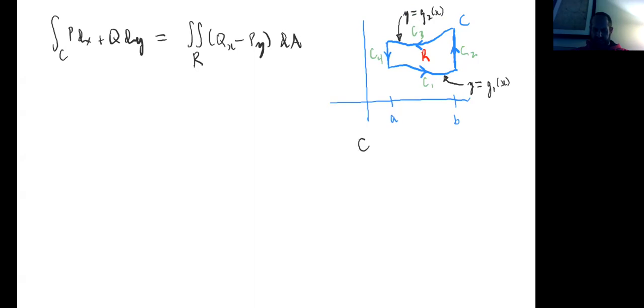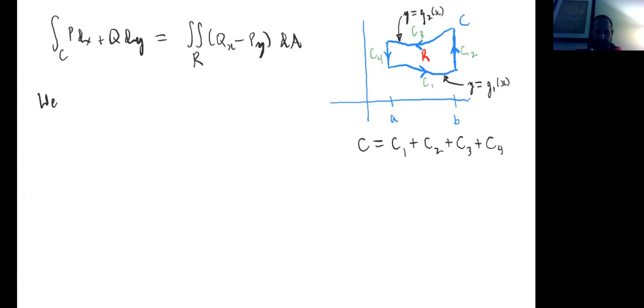Remember we've done this before: C is equal to C1 plus C2 plus C3 plus C4, and we could break up the work integral over each one of those curves if we were so inclined. So we're going to think about this work integral along each one of those curves, and in particular, we're going to focus on the part that involves P.